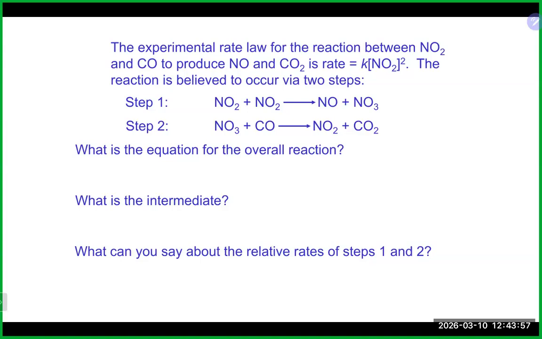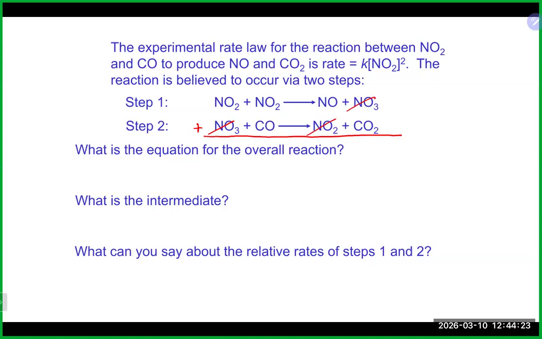Okay, let's take a look. We'll start with the first one, which is what is the overall reaction? Since we only have two steps here, we're just going to add these two steps together. Once again, anything that's on opposite sides of the arrow that's the same can cancel out completely, or it can even reduce down as well. So we have NO3 on this side and the opposite side, so they're going to cancel.